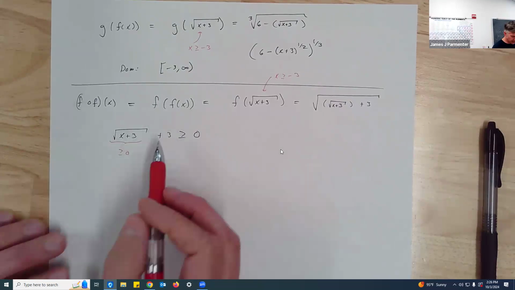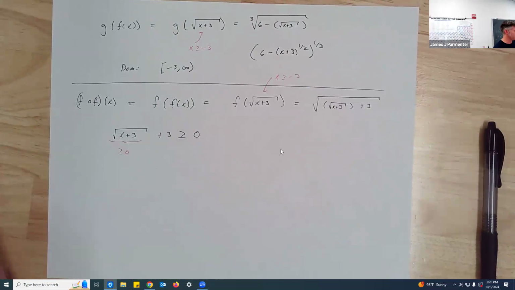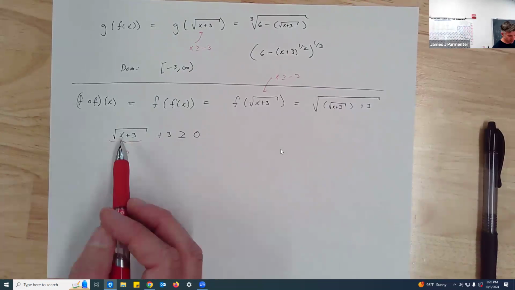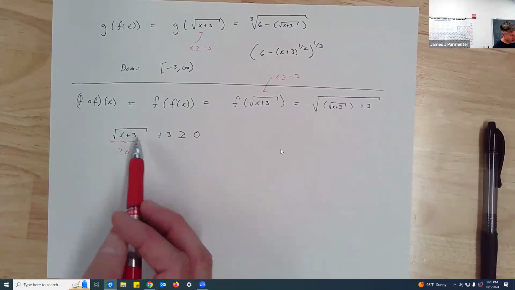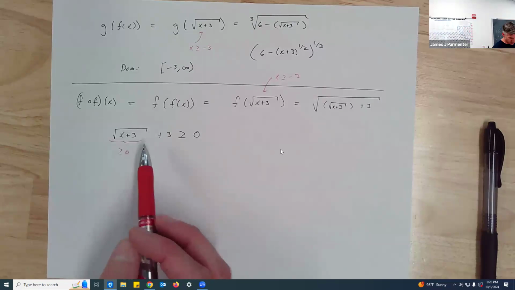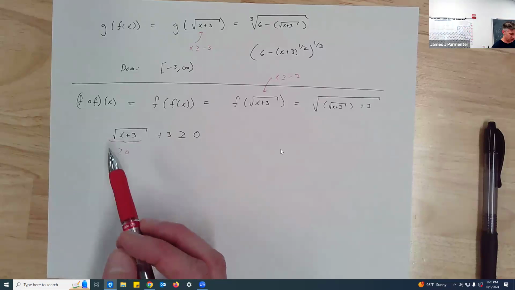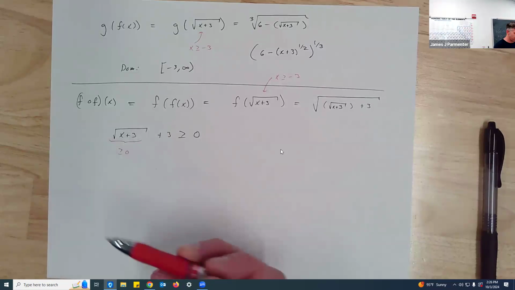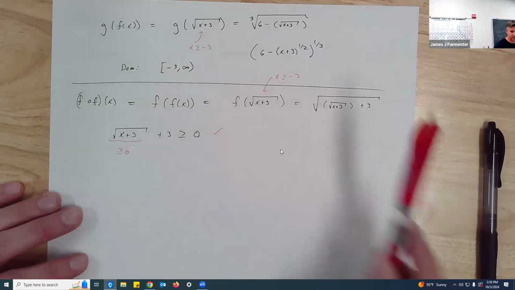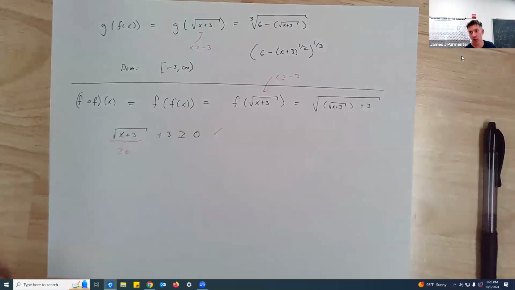And then if you add 3 to it, it's still going to be greater than or equal to 0. So there's no additional domain restriction here, because no matter what we are picking for x, as long as it's in the domain of the inside function, this quantity is going to be non-negative. It's actually always going to be bigger than or equal to 3. So we're safe. I'm going to do another one like this, though, that's not here, because I think it's worth seeing how that can change.